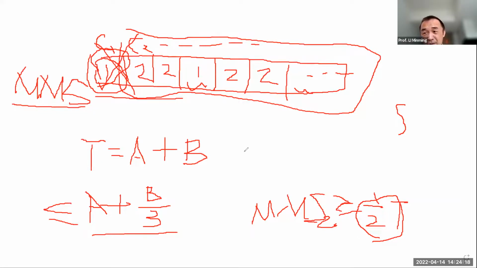So what is MMS? Why not T over 3? Because we remove the first item. The first item is separate, and from the remaining items, player 1 only gets 1/3 of it.